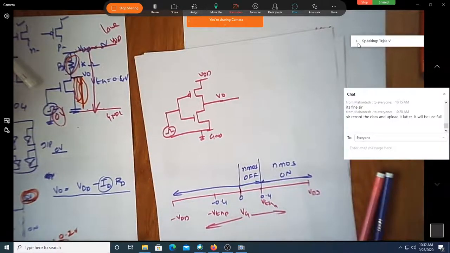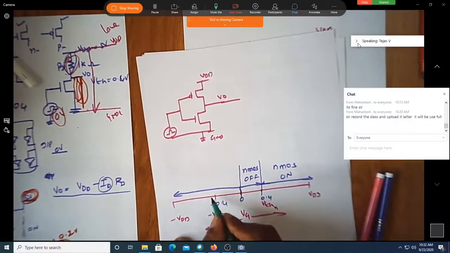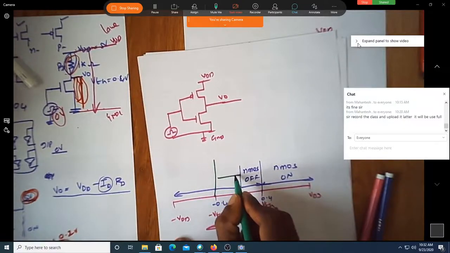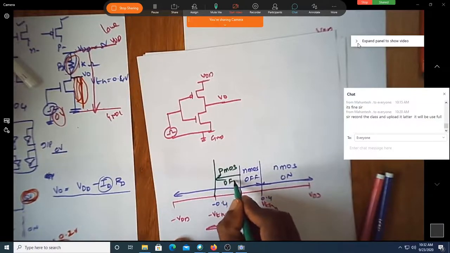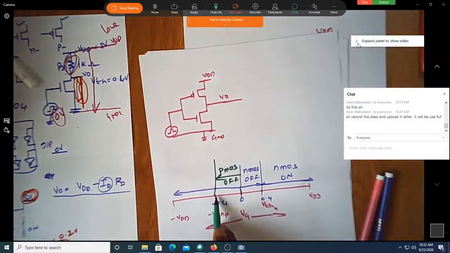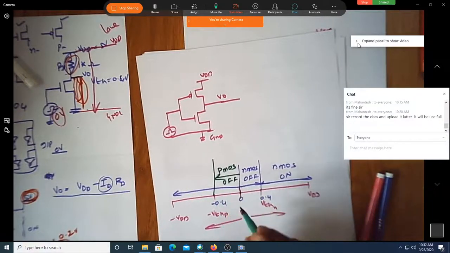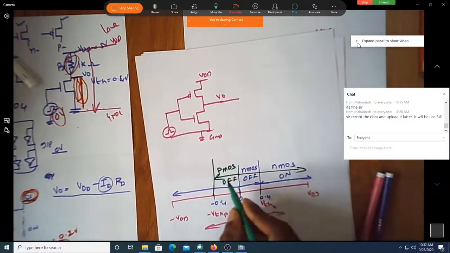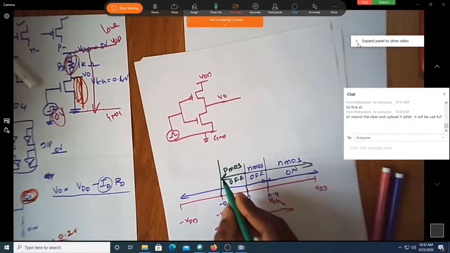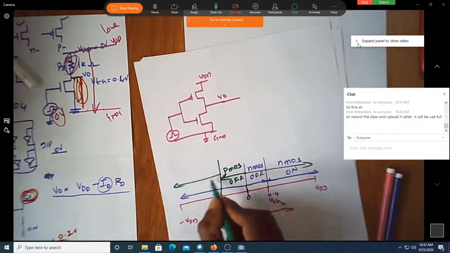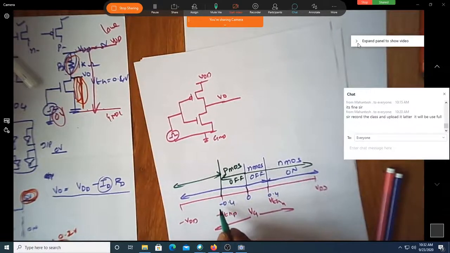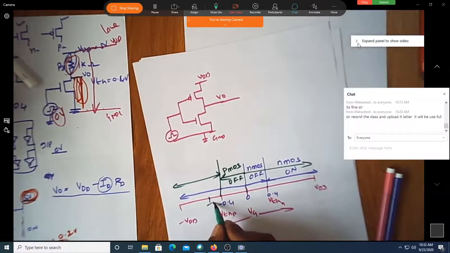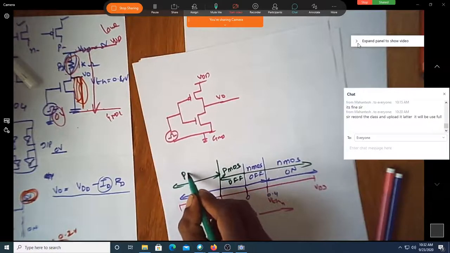On the same lines, PMOS is off if the voltage is more positive than the negative threshold voltage. PMOS is off for all positive voltages until minus 0.4, and it will be on if the gate voltage is more negative than minus 0.4. That is, if it is minus 0.5 or minus 1 volt, the PMOS is on.